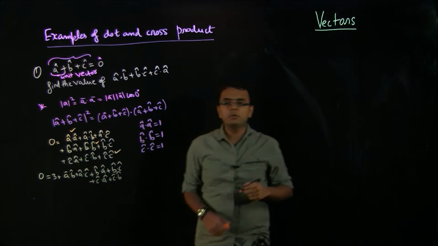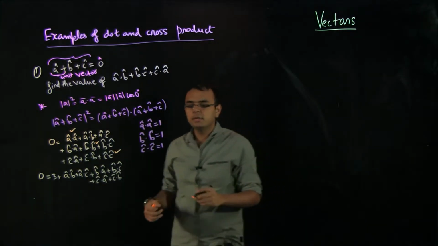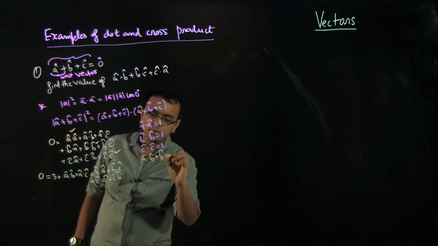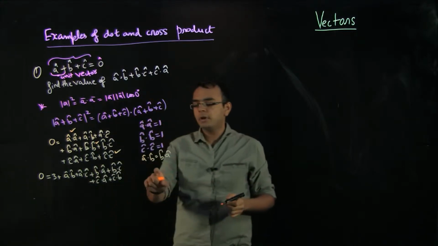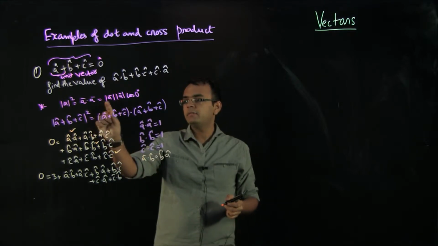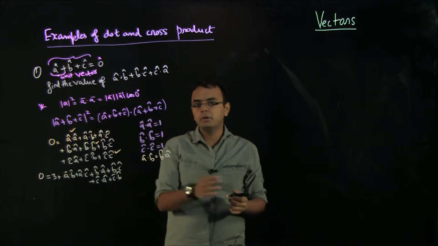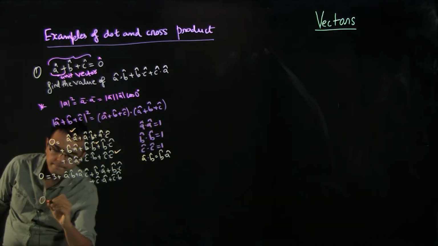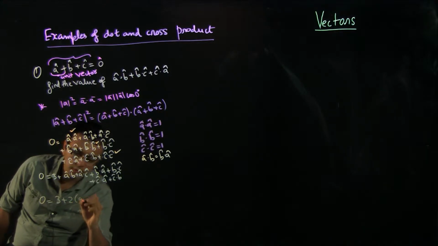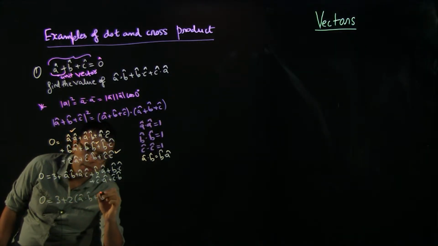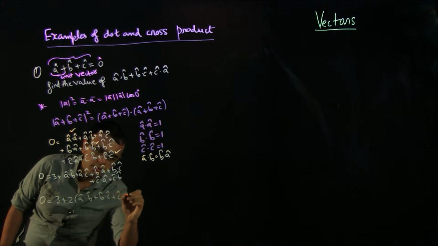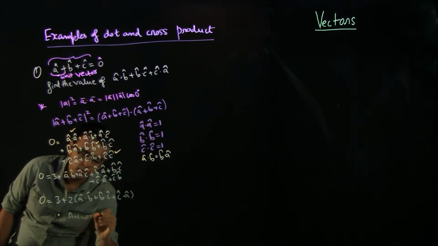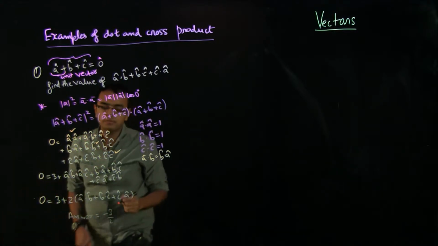Now I hope you can very quickly remember the property that we have discussed, that a dot b is equal to b dot a, because a dot b is mod a mod b cos theta and b dot a is mod a mod b cos theta. So you can quickly write this as 2 into a dot b plus b dot c plus c dot a, right? Or the answer will be equal to minus 3 by 2 for a dot b plus b dot c plus c dot a.